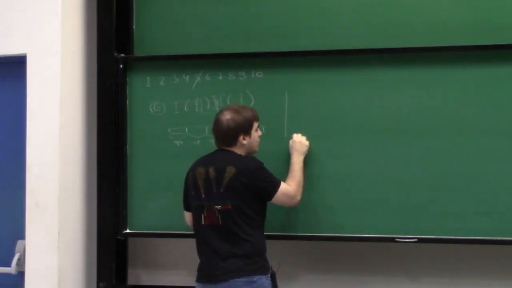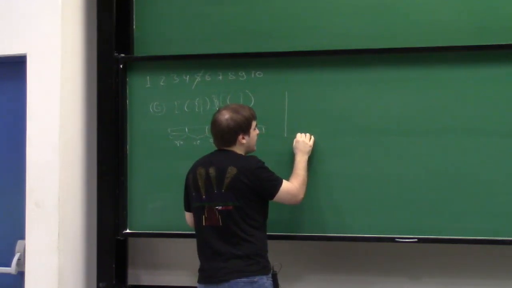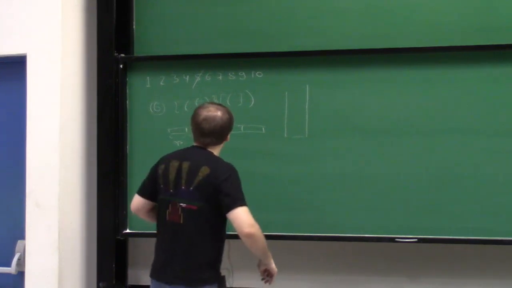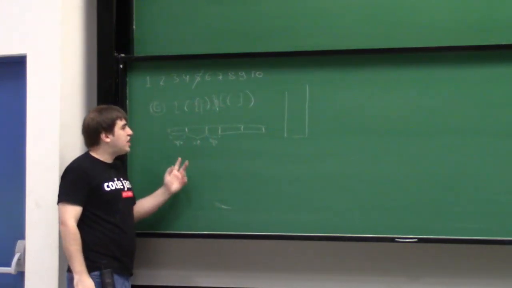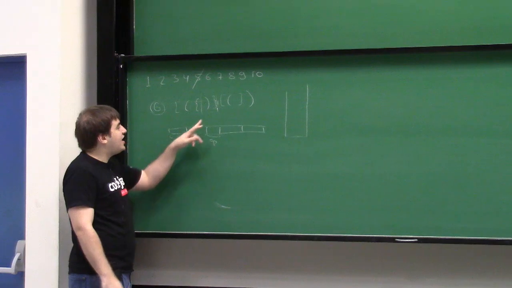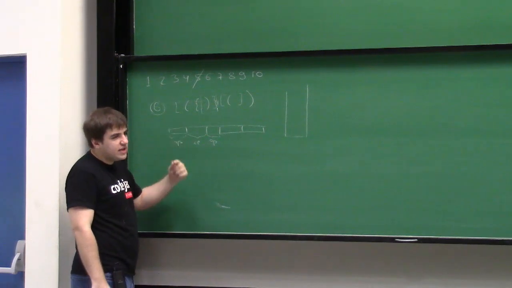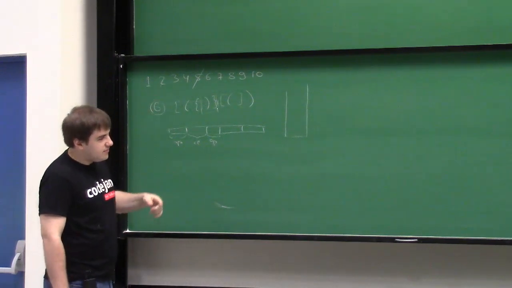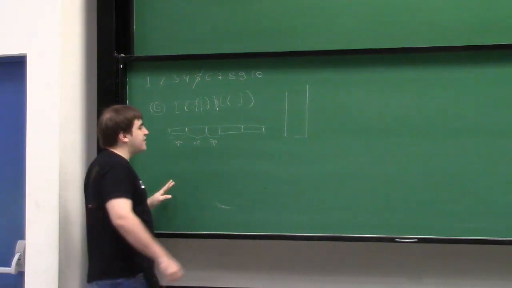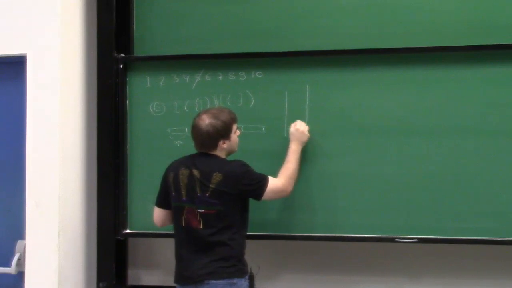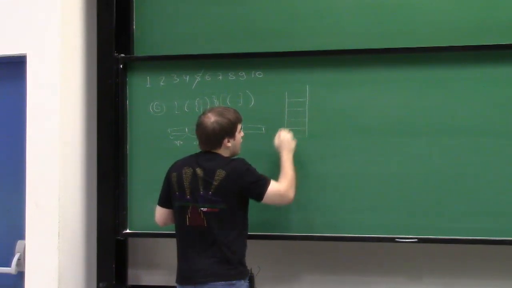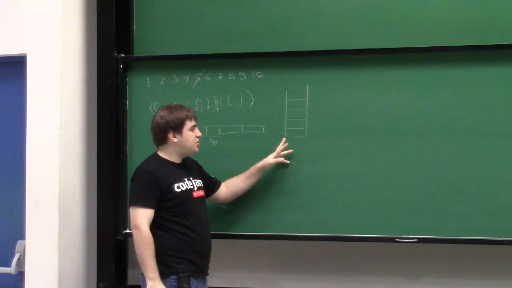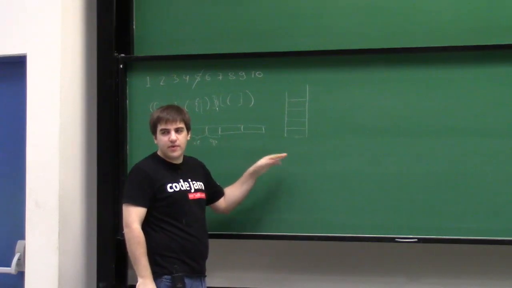But into the stack we will store not the brackets themselves, but only the number of brackets of each kind. Kind is closing or opening, and type is which exactly, like the round bracket or the square bracket or whatever. So in the stack we store how many opening brackets of each type we have. We'll store only the opening brackets in the stack.